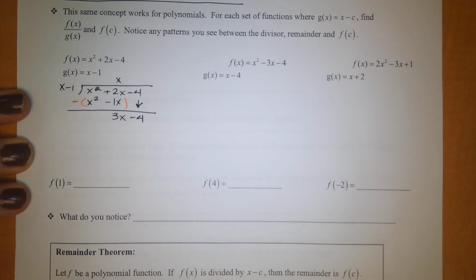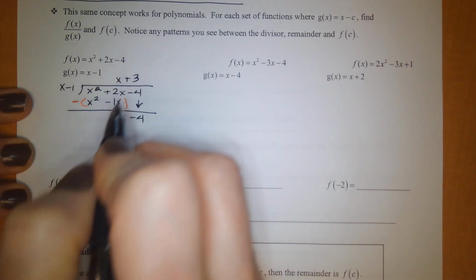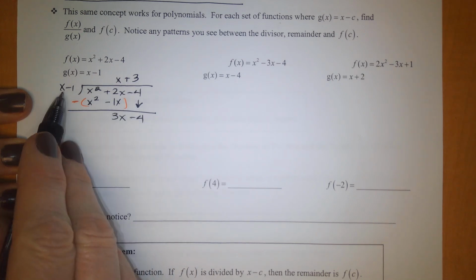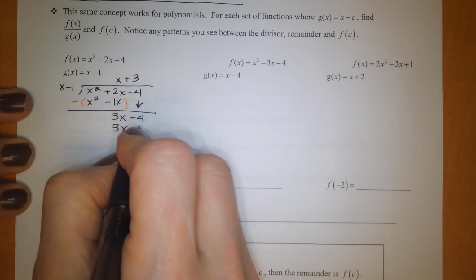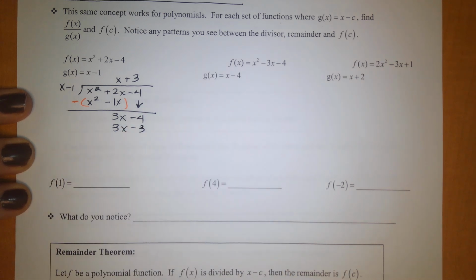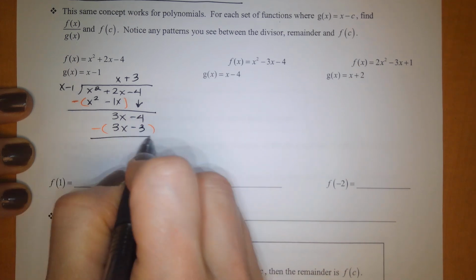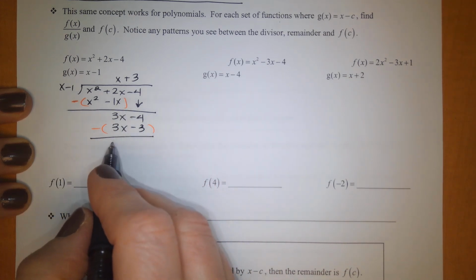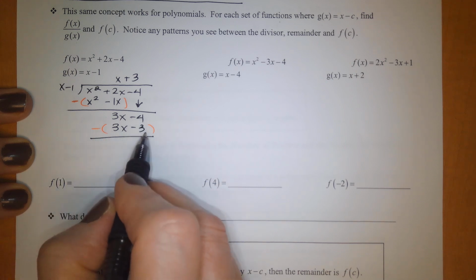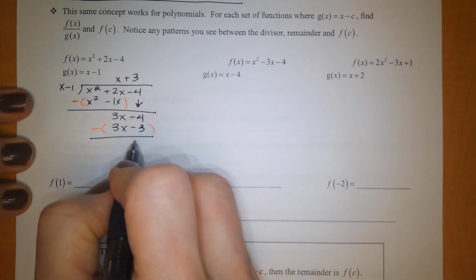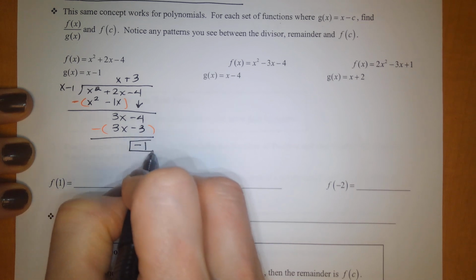Then I do it again. X divides into 3x 3 times. 3 times x is 3x. 3 times negative 1 is negative 3. Then I subtract this whole quantity. The first terms cancel. That's always what will happen. Then we have negative 4 minus negative 3, so that means plus 3. So I end up with a remainder of negative 1.